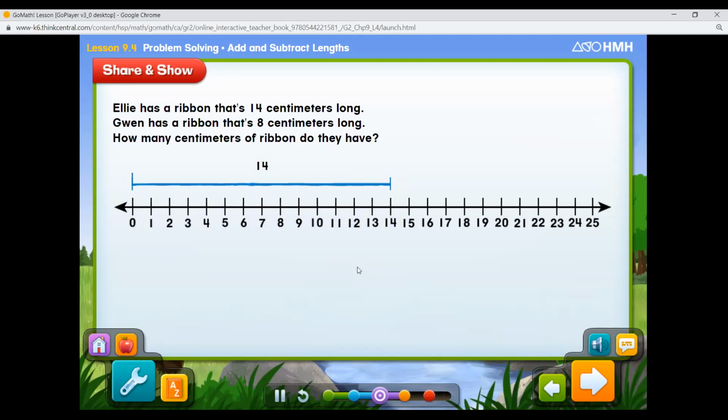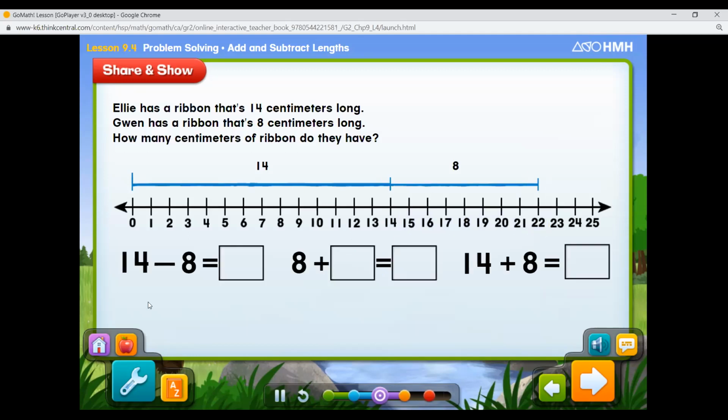Now you need to add Gwen's 8 centimeters of ribbon to Ellie's 14. Show the number on the number line where Gwen's ribbon ends. That's right. The 22 centimeter mark shows where Gwen's ribbon ends.